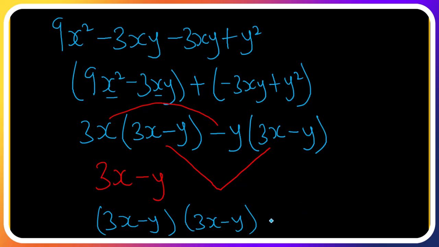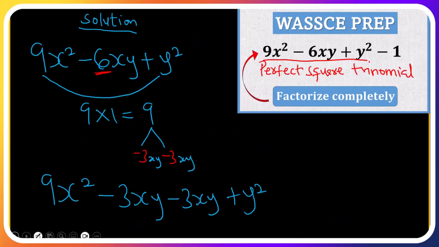So that would be 3x minus y squared. So this is the simplified form of these two factors. Now the whole of this perfect square trinomial is giving us 3x minus y all squared.